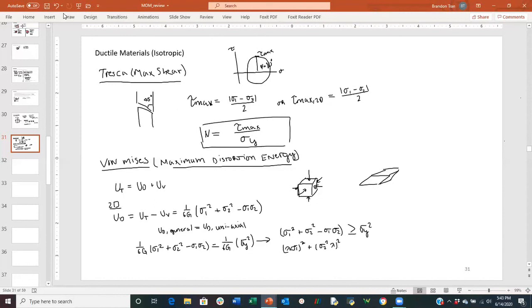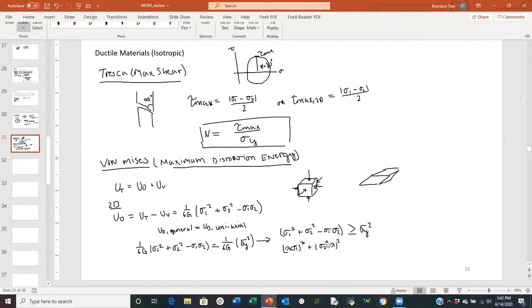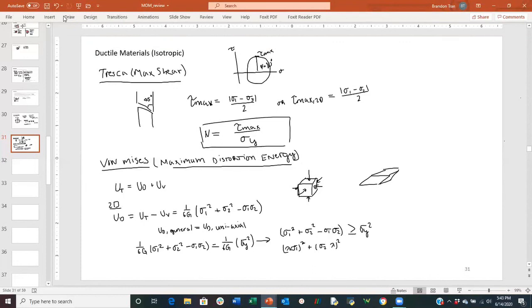Whoops, I wrote this wrong. Minus lambda squared, because it would come from sigma 1 and sigma 2. Lambda squared times sigma 1 squared plus sigma 2 squared minus sigma 1 sigma 2 would equal sigma y squared.